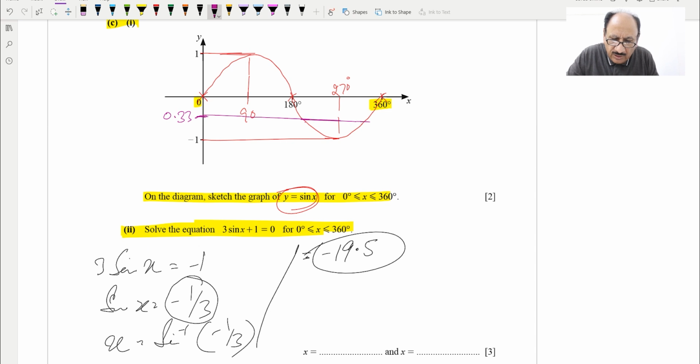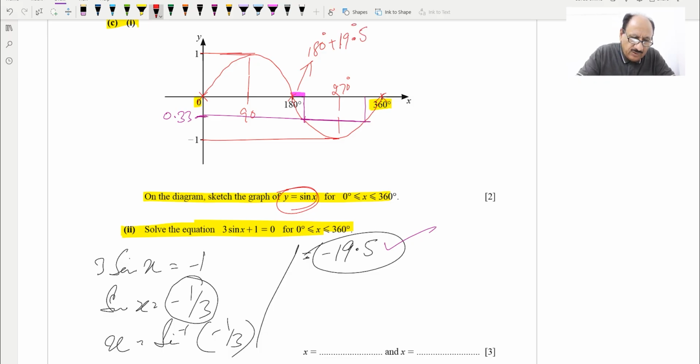If I draw the complete line for you, it will be like this. So one solution will be this one, other solution will be this one, and the angle which we have calculated is 19.5. So in this case, this much will be 180 plus 19.5 degrees, right?